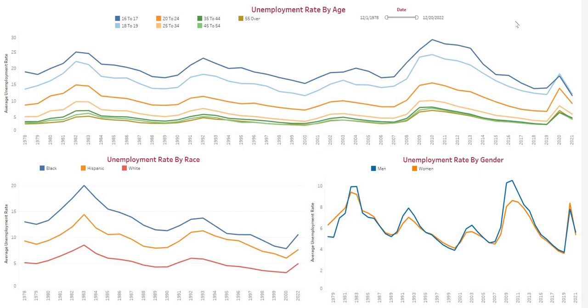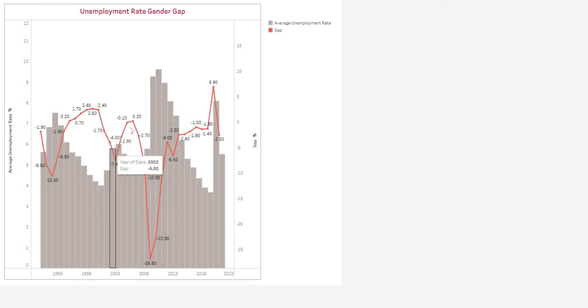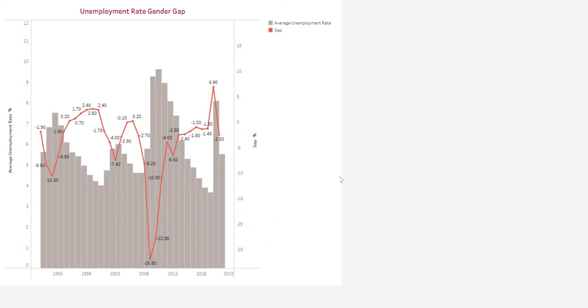The next question is how does women unemployment historically compare with men? So this can be answered through this, but a better one is this dashboard. So unemployment rate gender gap. As you can see from here, the red line chart is the gap, and then the brown histogram is the unemployment rate.